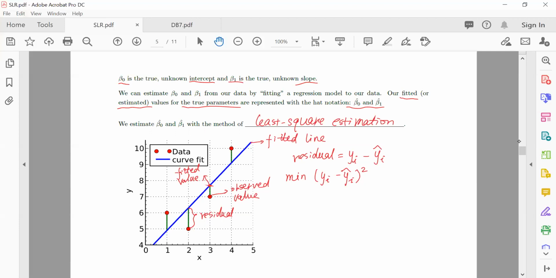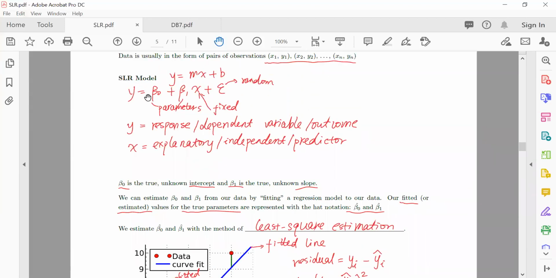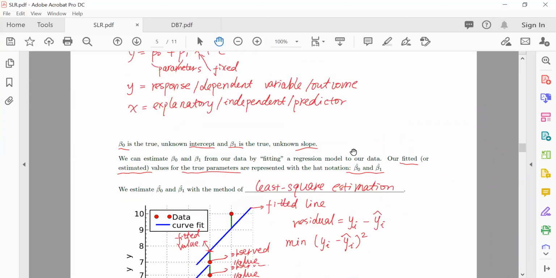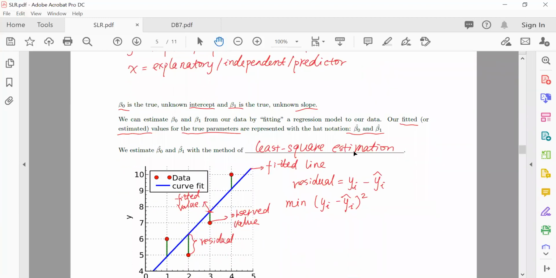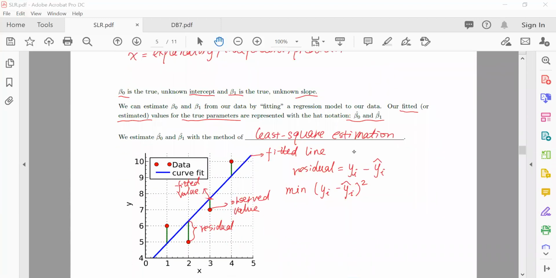Recall that this best fitted line is the fitted line of our true model y equals beta 0 plus beta 1 x, right? That's the true model. The fitted model will be y hat i equals beta 0 hat plus beta 1 hat xi.